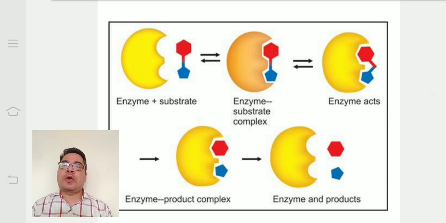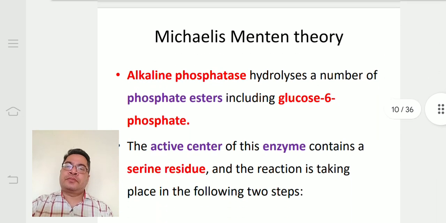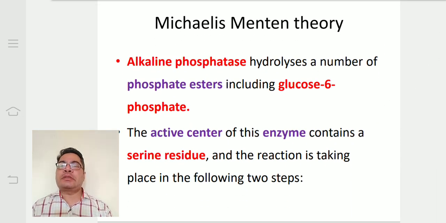Alkaline phosphatase hydrolyzes a number of phosphate esters, including glucose 6 phosphate. The active center of this enzyme contains a serine residue, and the reaction takes place in the following two steps.